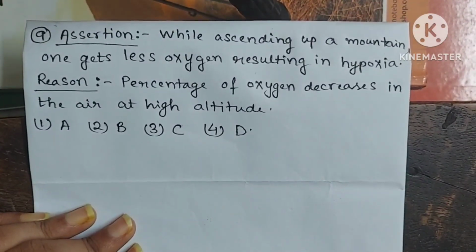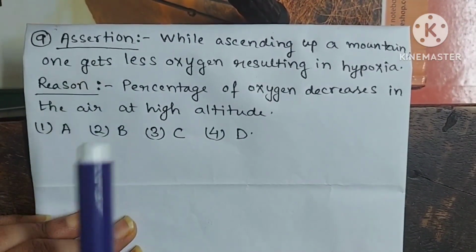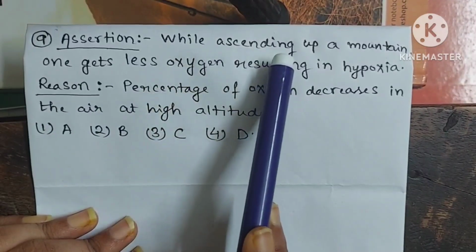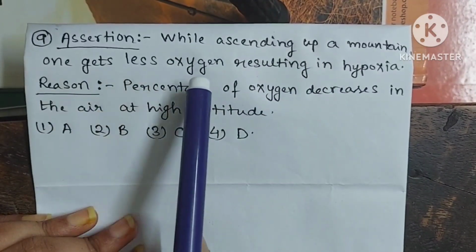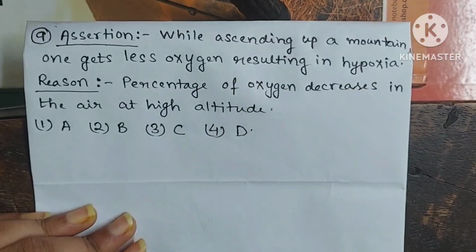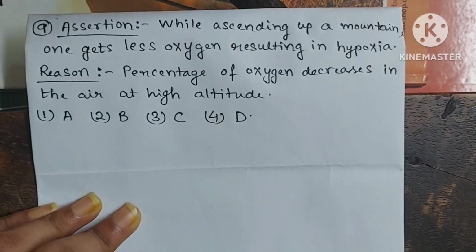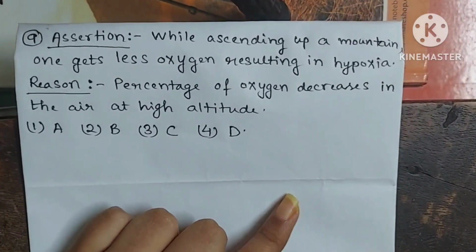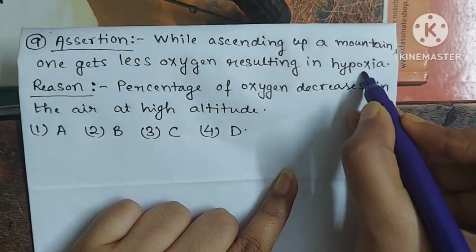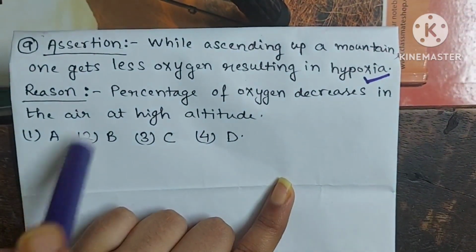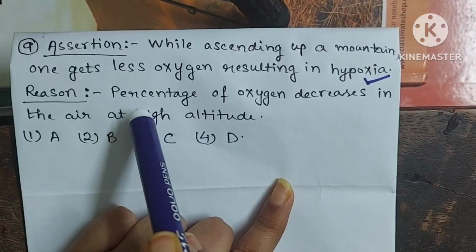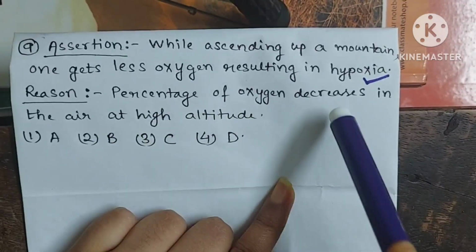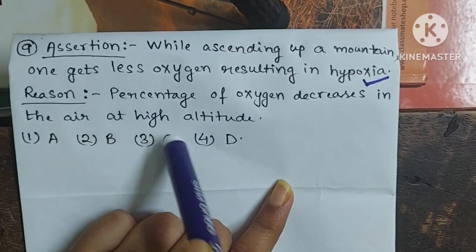Now the 9th question. In the assertion, it is written that while ascending up a mountain, one gets less oxygen, resulting in hypoxia. Yes, this statement is correct. Now the reason: percentage of oxygen decreases in the air at high altitude.